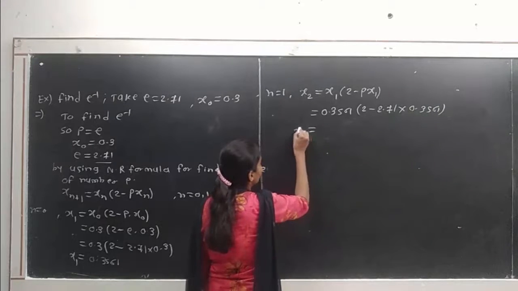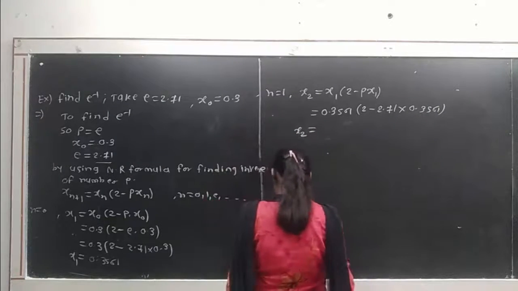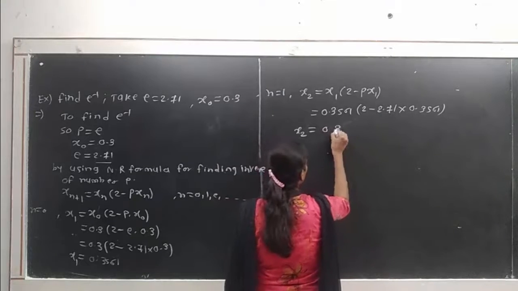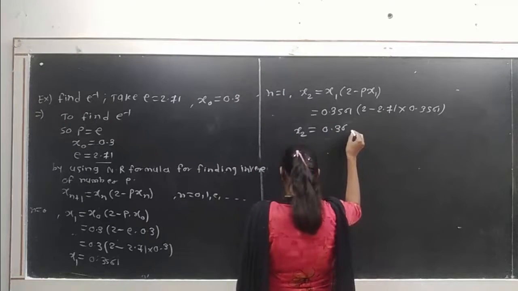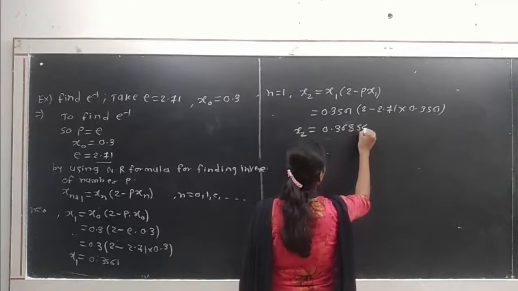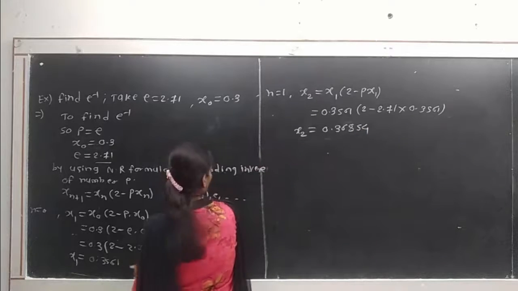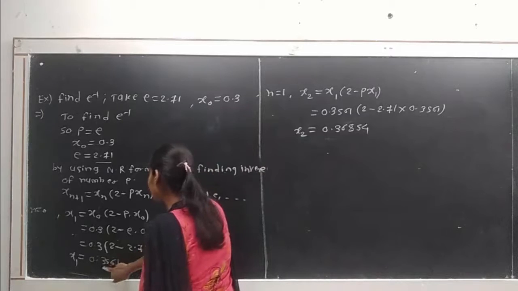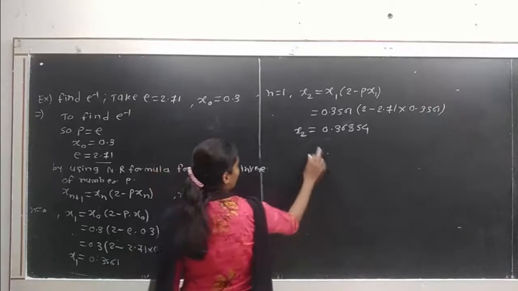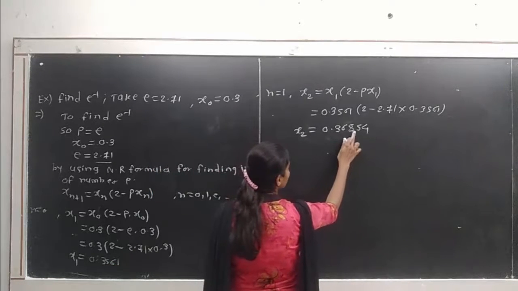After calculation we get x2 as 0.36854. Here if we observe, the value of x1 is 0.3561 and the value of x2 is 0.36854.